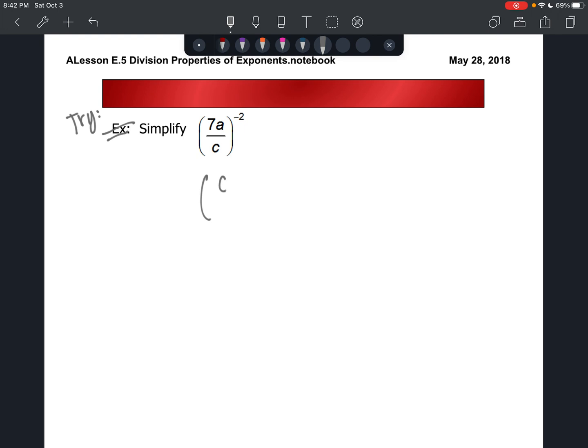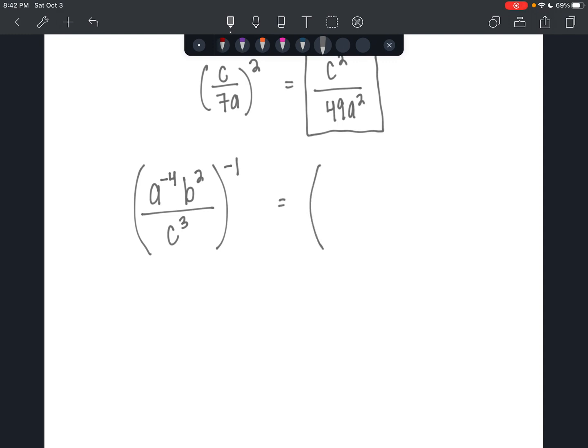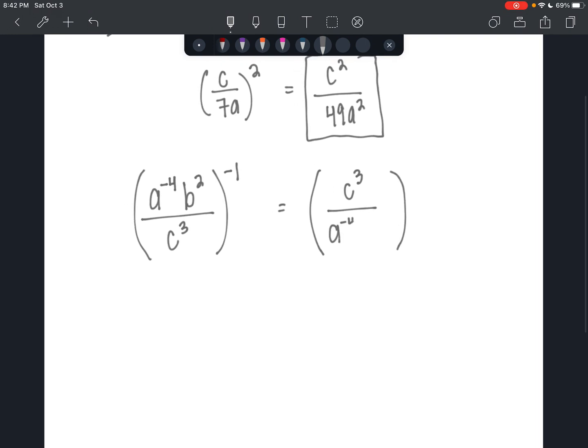Okay, if you gave that a try, hopefully you wrote down c over 7a raised to the 2nd power, and you got c squared over 49a squared for your final answer. Now, what happens if I have a to the negative 4 b squared over c to the 3rd power, all raised to the negative 1 power? Well, that's going to be c cubed in the numerator, a to the negative 4 b squared.